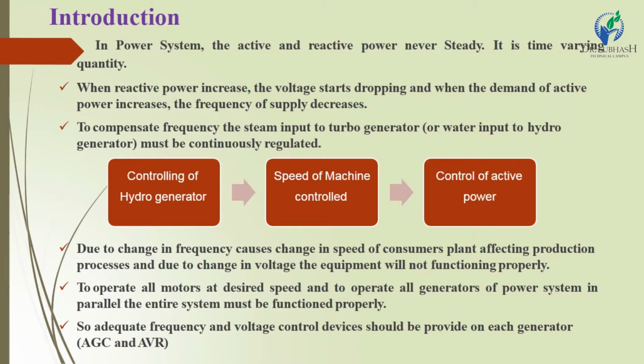The second one is if both generators are used to maintain the constant frequency, then this method is called parallel frequency control. Third, if the frequency control is performed by the generator of that particular area by maintaining constant tie line load, then this method is called flat tie line load control.